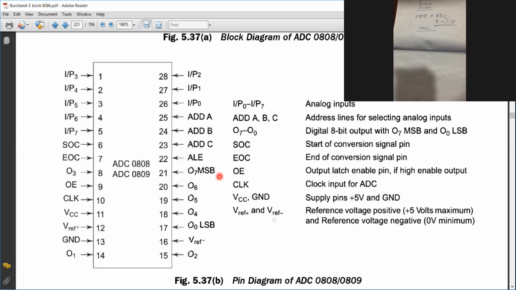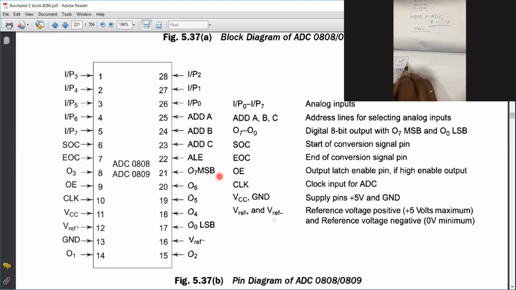Am I right? Yes, sir. So what will be the block diagram? Means how the microprocessor and microcontroller will be interfaced. First, there should be a microprocessor. It may be 8085, it may be 8086, or it may be another microprocessor.